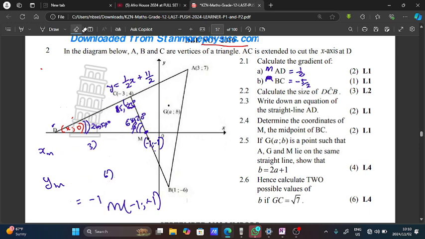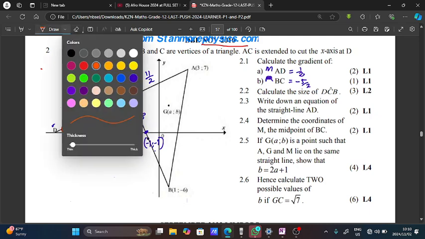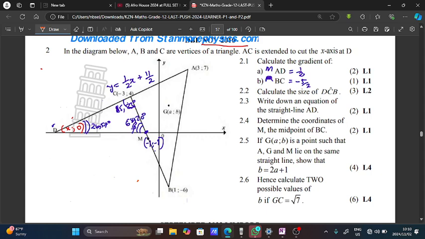Next question. If G with the coordinates A and B is a point such that A, G, M lie on the same line. Let's plot that. Is a point such that A is here.